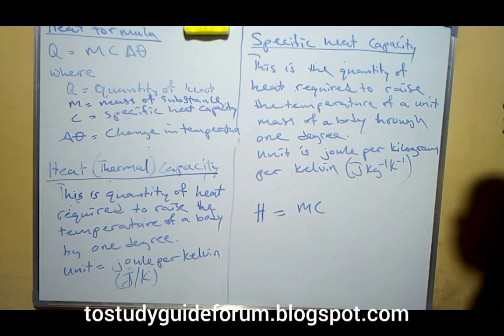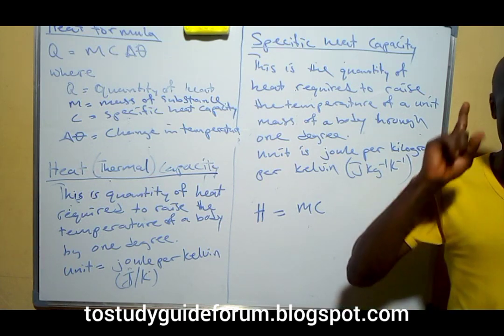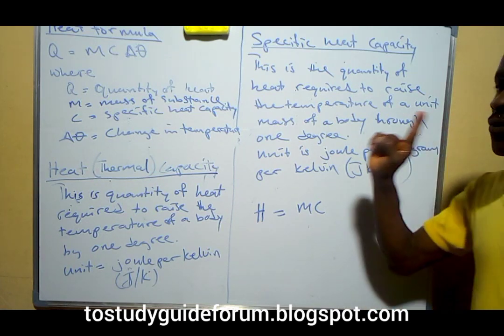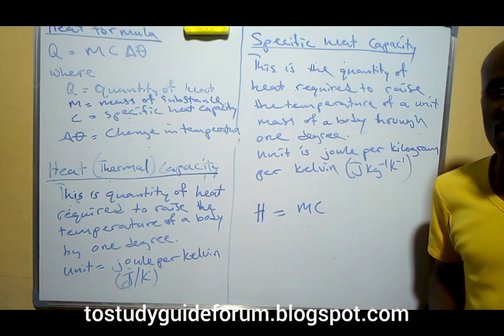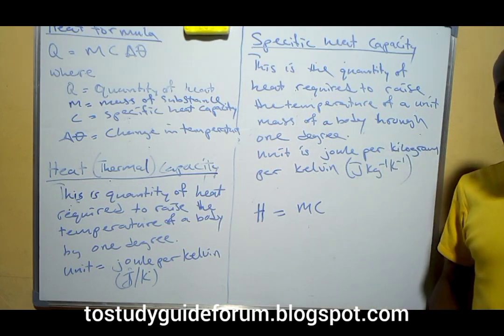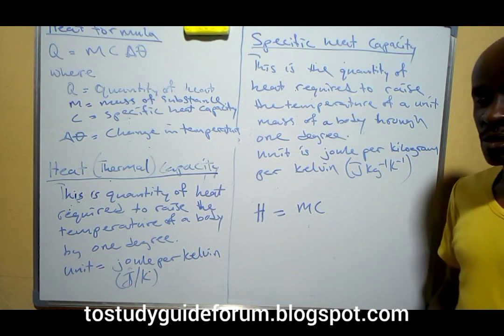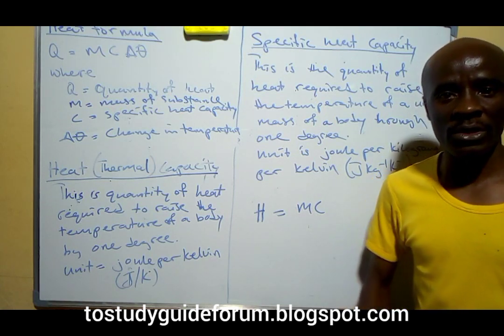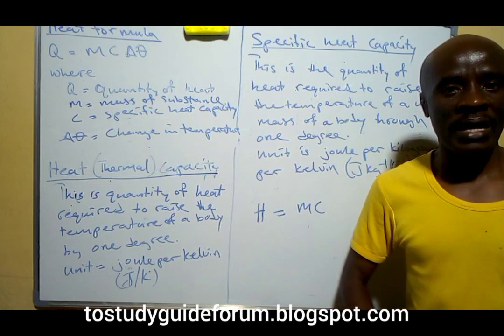So another parameter we always talk about is specific heat capacity. This is the quantity of heat required to raise the temperature of a unit mass of a body through 1 degree. Now you note something here, talking about a unit mass of any substance. That's why we say it is specific. It's talking about a particular mass. While the thermal heat capacity has nothing to do with the mass, just increasing the body temperature of a substance by 1 degree.